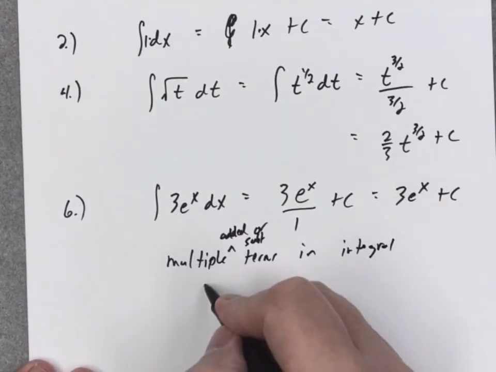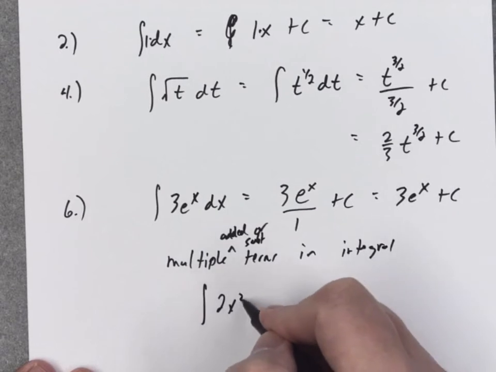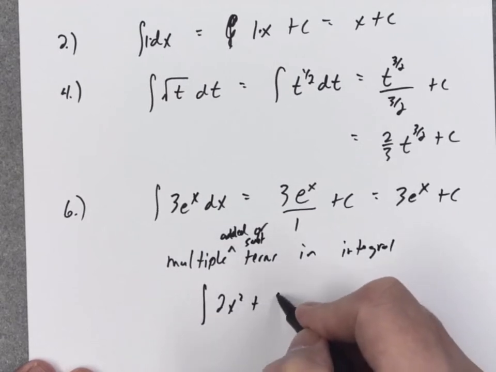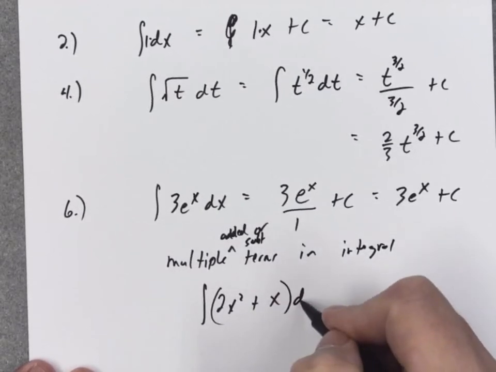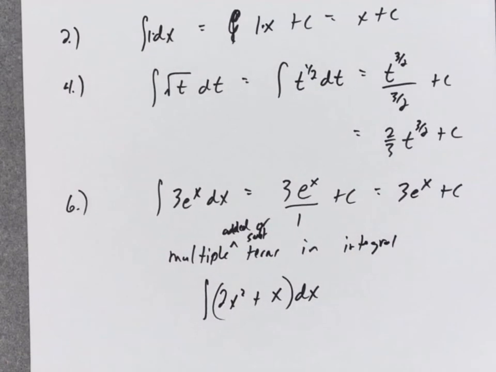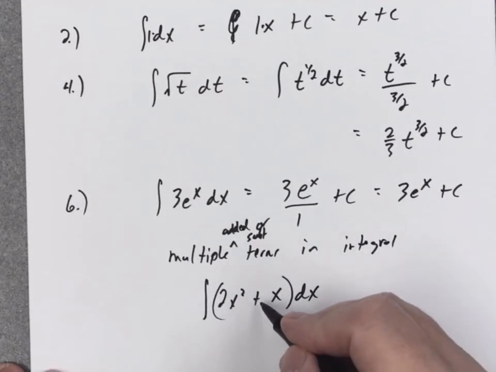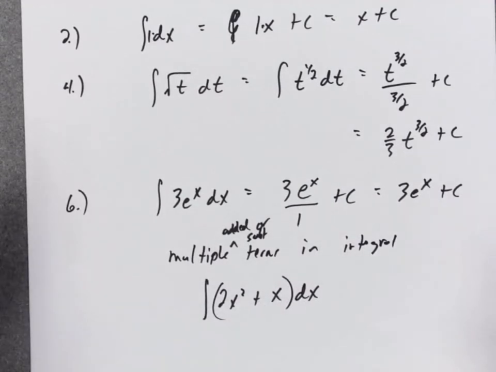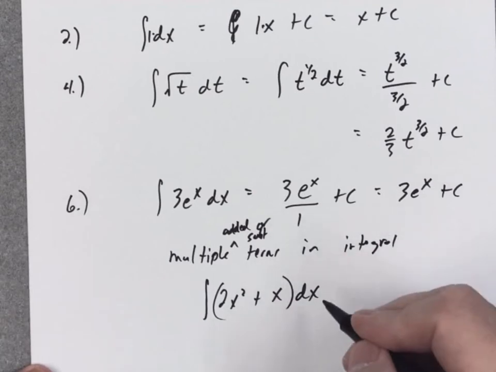For example, everything we've done so far, we've just had one term inside the integral. What happens if you have like 2 terms here? Well, in this case they're added, but the same rule would apply if they're subtracted.